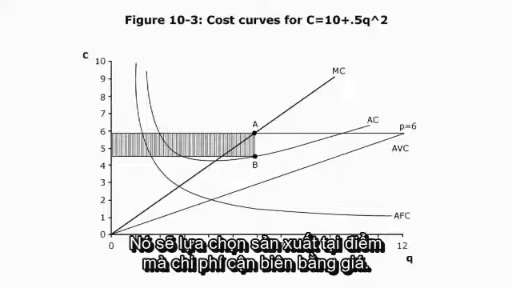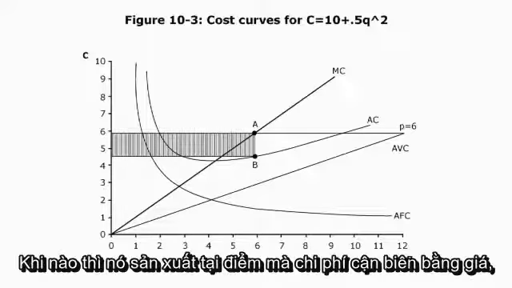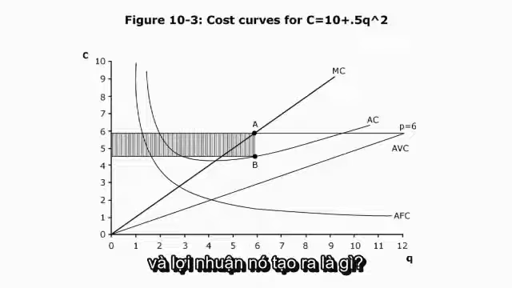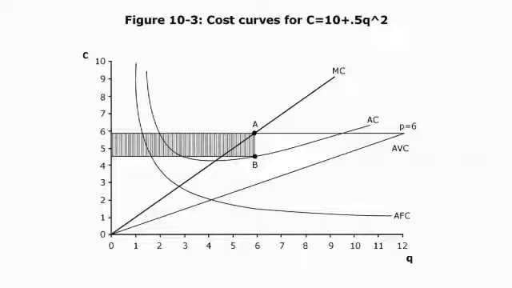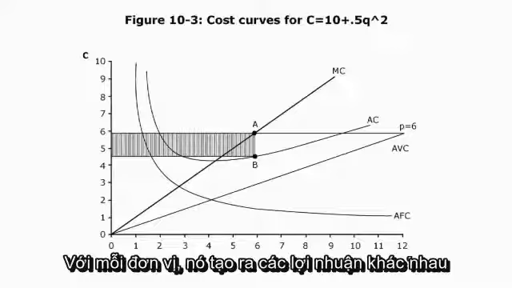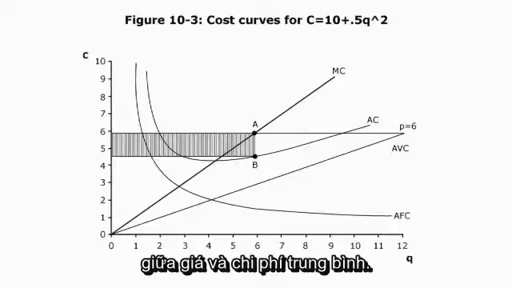It chooses to produce where marginal cost equals price. When it produces where marginal cost equals price, then what profits does it make? Well, on each unit, it makes profits of the difference between the price and average cost.